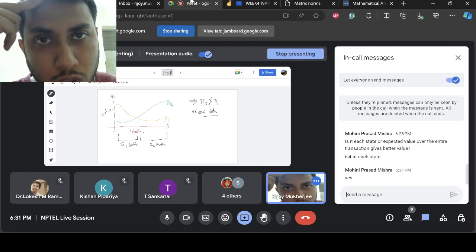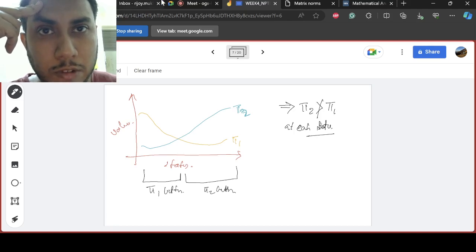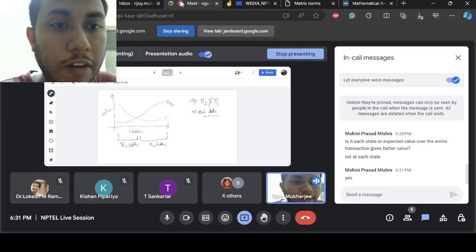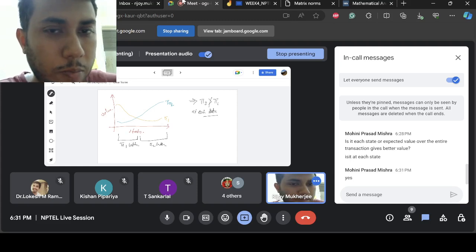So if you want to find an optimal policy in this case, we have to find a third policy. We have to say that the optimal policy is neither pi 1 nor pi 2 but a third policy, and we have to select the policy like that.